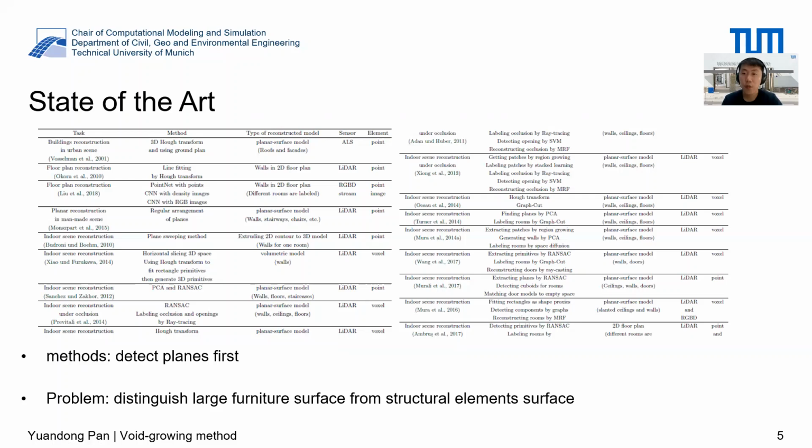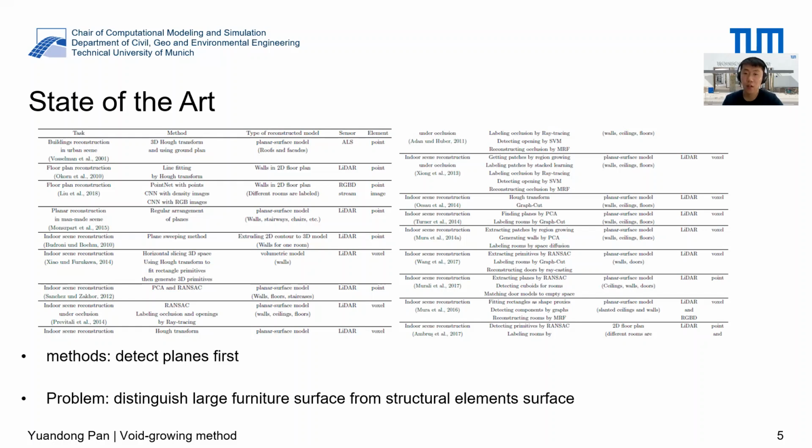In the field of building construction from point cloud, most methods start with detecting planes first. But there is a problem here. When detecting planes first, it is very hard to distinguish large furniture surfaces, like the surface of a bookshelf or cupboard, from the structure element surfaces, like the surface of walls.